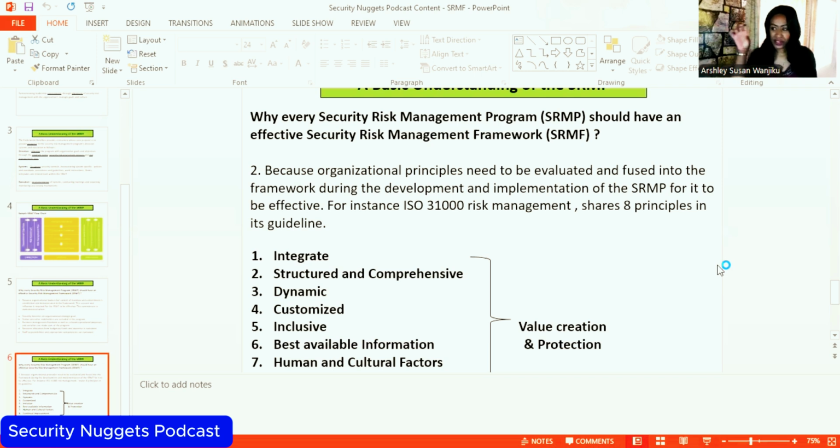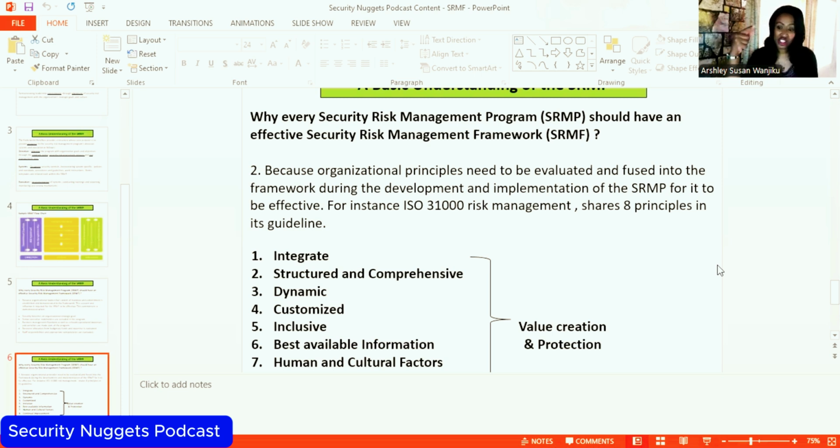Again, the principle of dynamic, okay? The security risk management program has got to be adaptable with the change of times. It's got to be dynamic. It's got to adapt and evolve. It can't be rigid. It has to change. As the organization is changing, because organizations change, okay? Maybe operations change, maybe they reduce or increase.